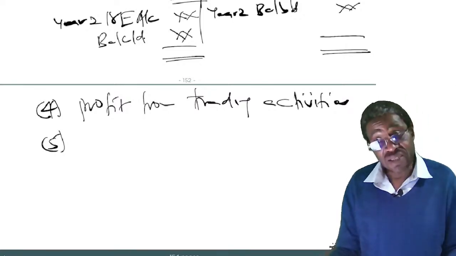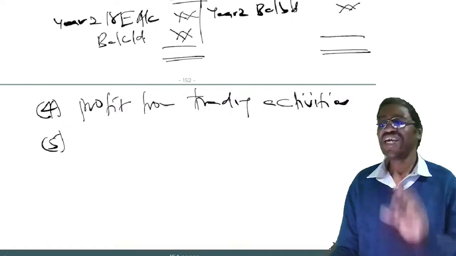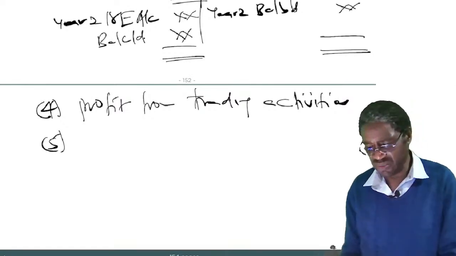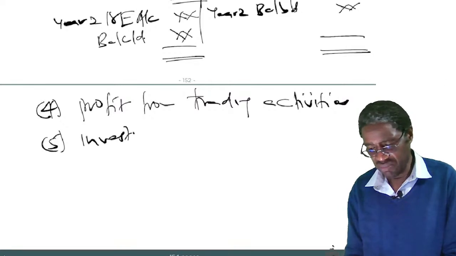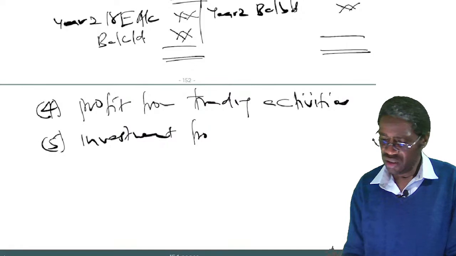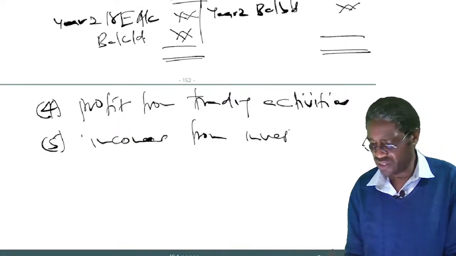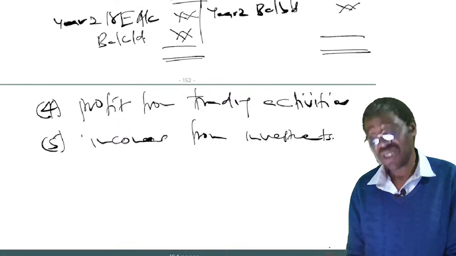So we are saying another source of income could be incomes from investments. That's another source of income.